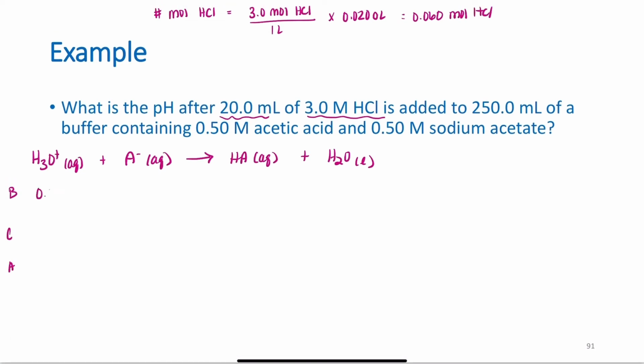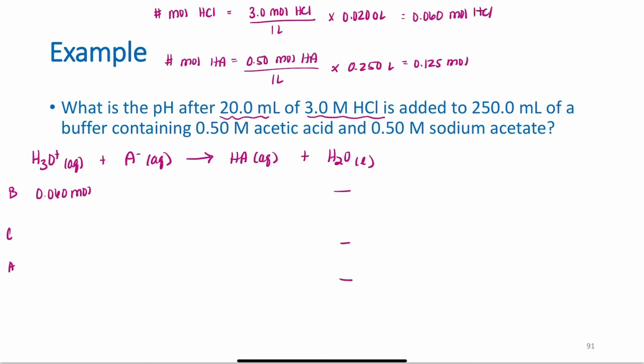I have 0.060 moles of H3O plus. You can also ask, how many moles of HA? 0.50 moles of HA to 1 liter times 0.250 liters of solution gives you 0.125 moles of HA.